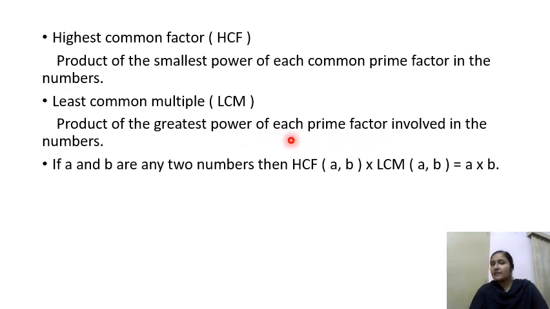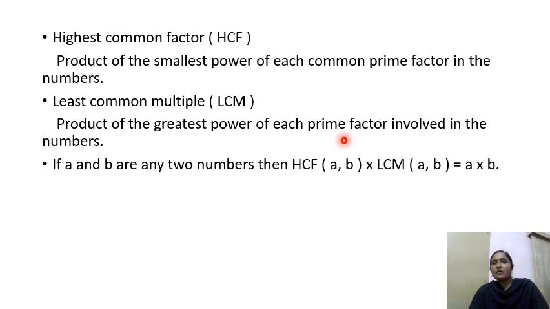It is not written each common prime factor. So while calculating the LCM, it is not necessary that the prime factor should be common in all. If the prime factor is there in any one of the numbers when you are doing the prime factorization, you have to take that prime factor also.